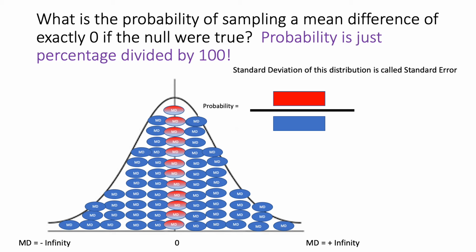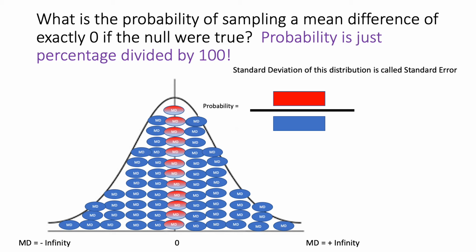Well, it is all of these ovals that include the color red divided by all the ovals in the curve, which are all the ovals that include the color blue. If you notice, my red ovals are both red and blue because they are both part of the top and the bottom of this equation. They're both part of the numerator and denominator. So the probability of sampling a mean difference of exactly 0 would be this fraction, red over blue.